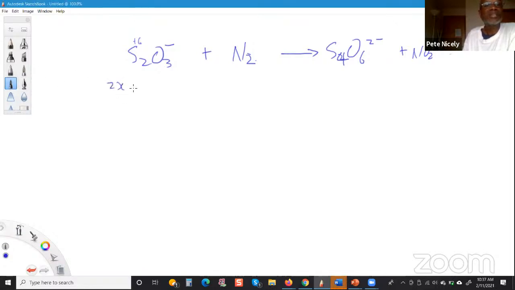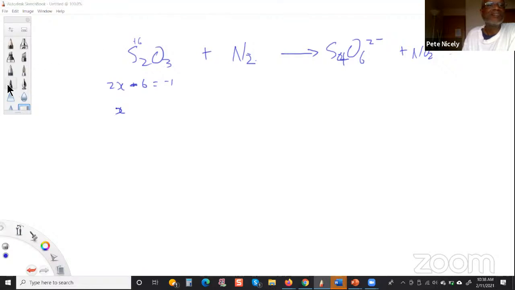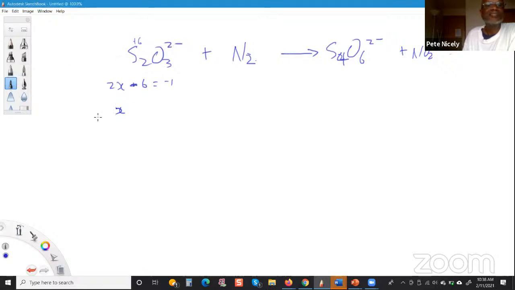I just want to make sure I'm giving you a viable problem. Oh, this should be 2 minus. Okay, hold on. So 2x minus 6 equal minus 2, x minus 5 equal to minus 1. So x will be equal to 5 minus 1 equals to plus 4.